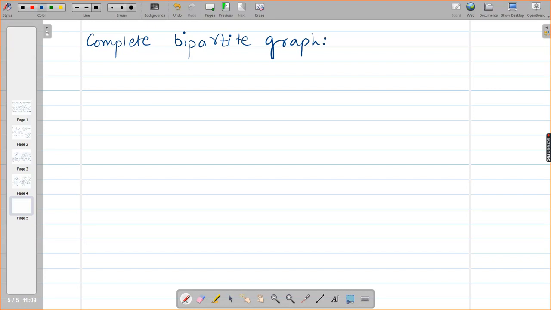I'm sorry, a bipartite graph. So when I say a bipartite graph, it is obviously a simple graph already. So it satisfies all the conditions to be a bipartite graph.